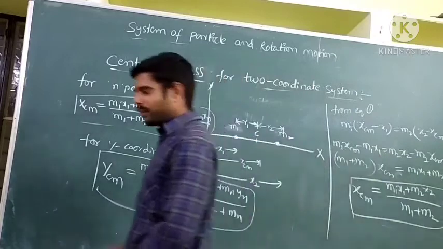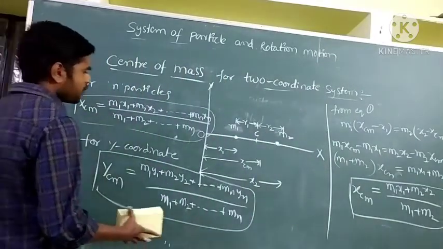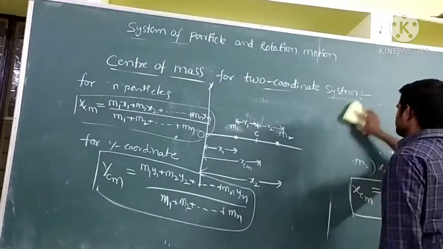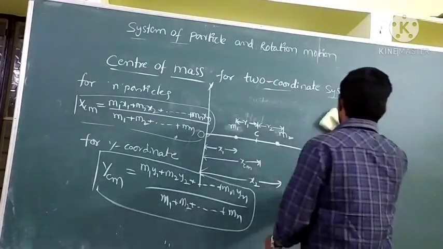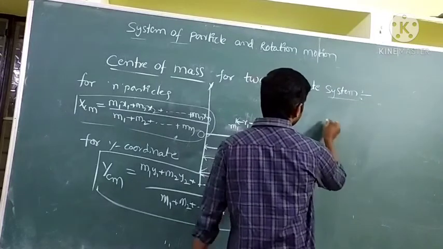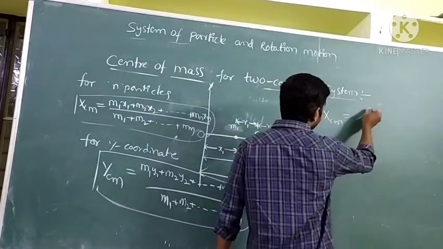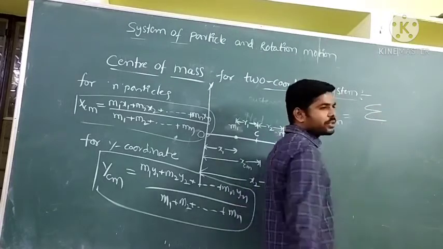For simplifying the equation, if you write the long equation it looks very lengthy, right? For writing a short equation of the center of mass in terms of xcm, I am using one word, that is summation.